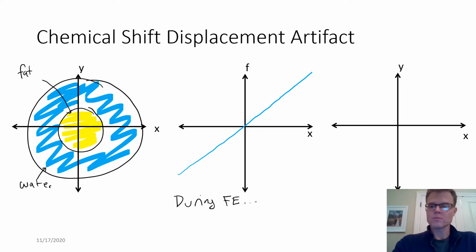What we expect from frequency encoding is that the frequency of our water protons is equal to gamma bar times our readout gradient amplitude times position.